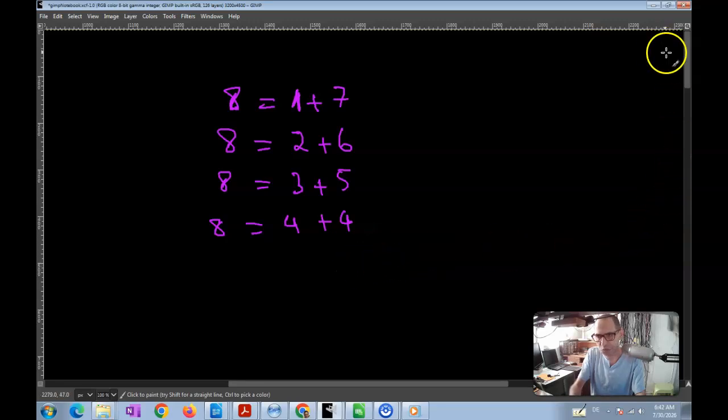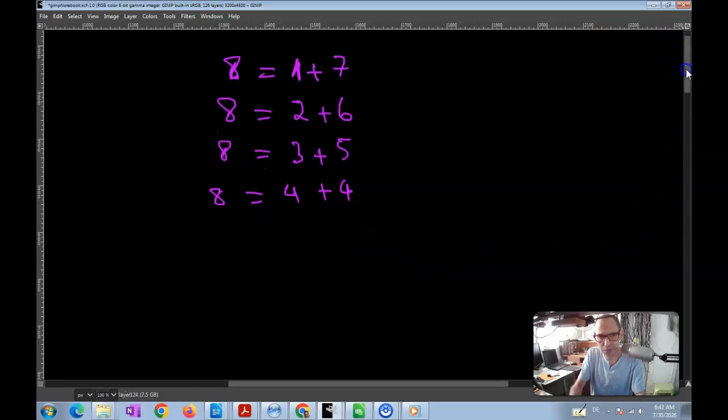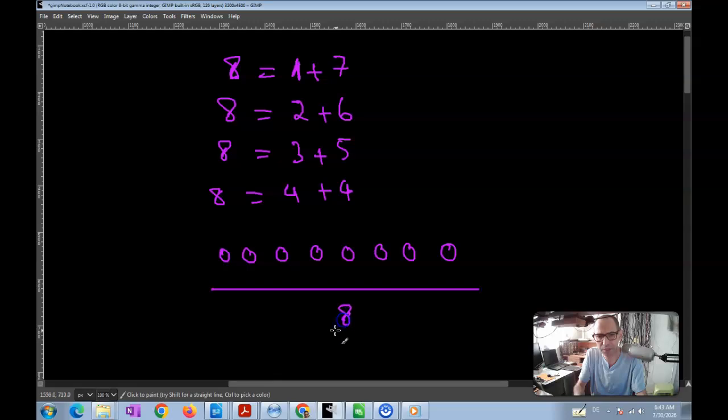Now, in order to know how many ways there are in total to write all the number pairs for any given number, you can think of any number as a number of bits. So I have 1, 2, 3, 4, 5, 6, 7, and 8 bits over here. That represents the number 8, right?